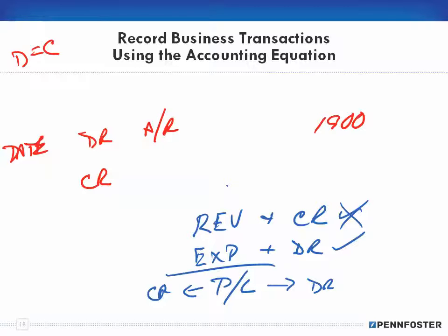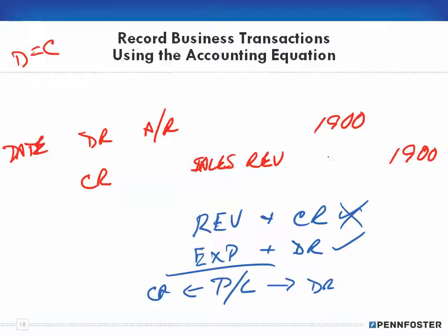So in this case here, we're making a sale. So we would choose one of our revenue accounts, and I'm just going to call this sales revenue, even though it's not on that screen. Notice I'm indenting, and I'm also putting it in the right-hand column as $1,900.